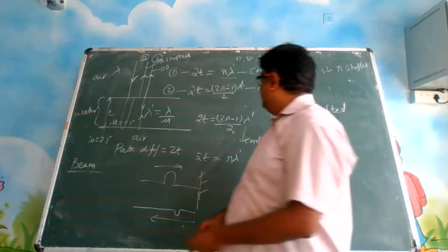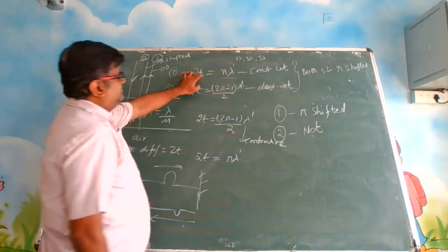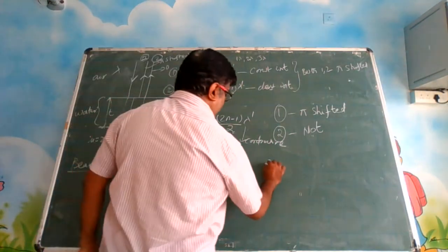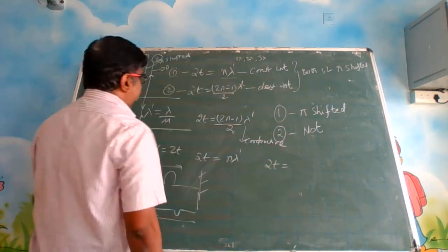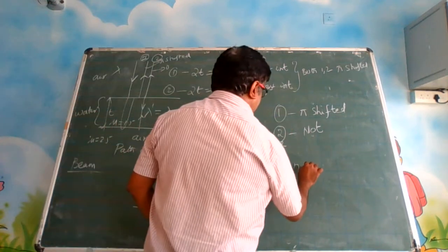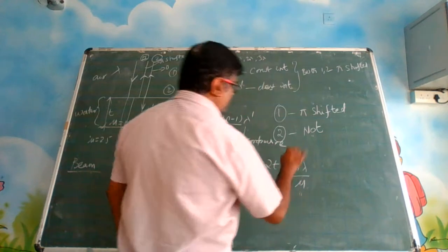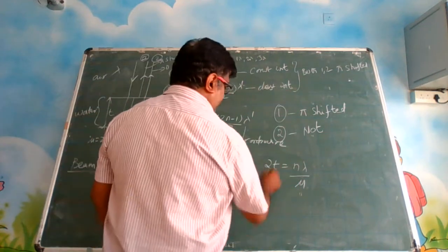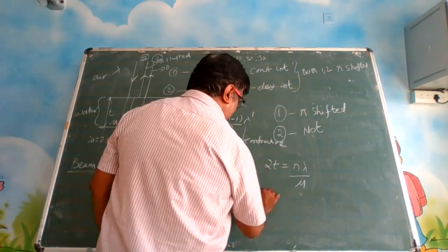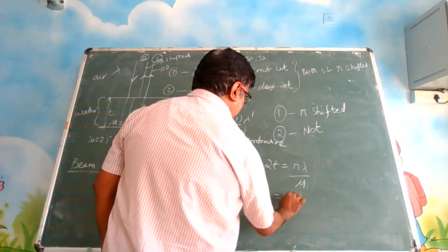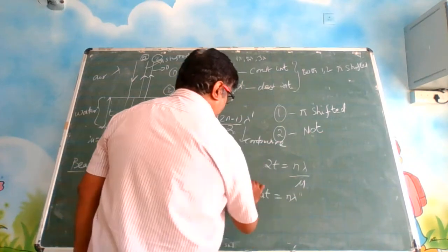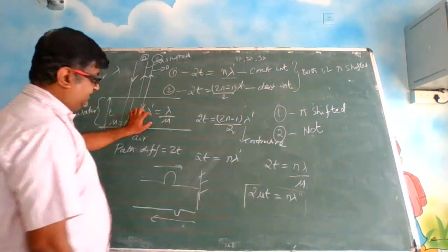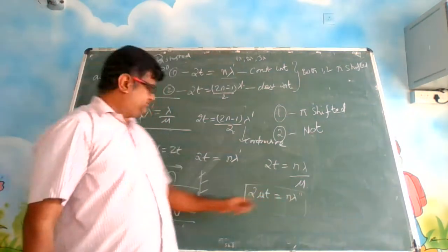So what is the lambda dash? If you want to write this equation correctly, 2t is equal to n lambda by mu. So what is the t value? You can write 2 mu t is equal to n lambda. Remember, in this case, which lambda do you have to put?